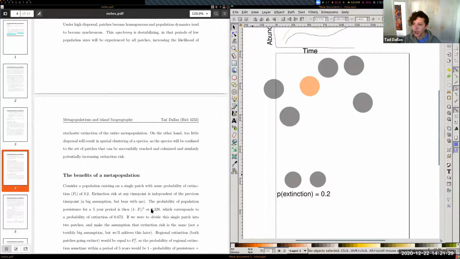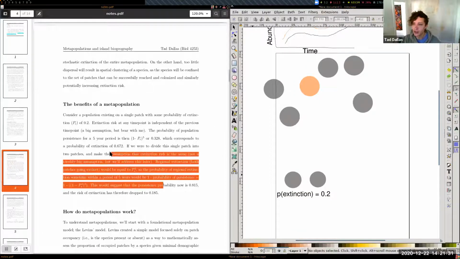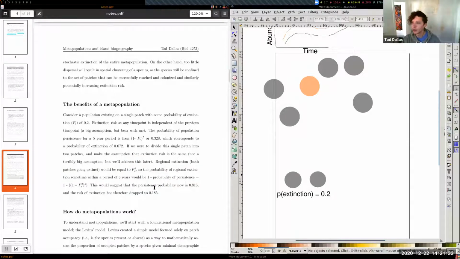I go over it in a little bit better detail in the notes, but basically it lowers your probability of extinction, if we assume that dividing the patch into two habitat patches doesn't also influence the extinction risk. I had one big patch before, and that one had a probability of extinction of 0.2.